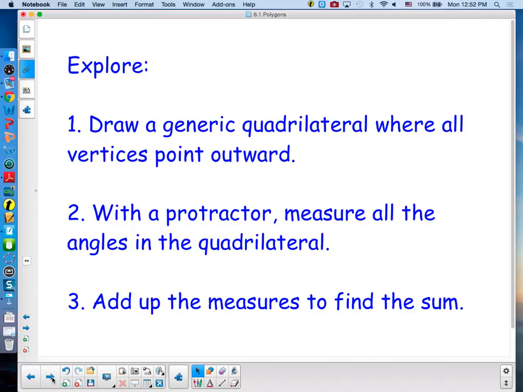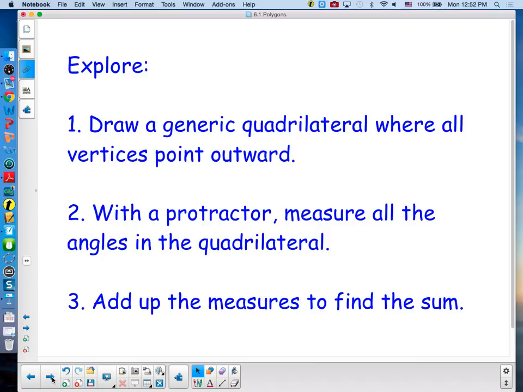Try and find some with those protractors in them. Okay, everybody get a protractor and a straight edge. And it probably would work best to go on a sheet of paper. I don't know if the marker board works really well.